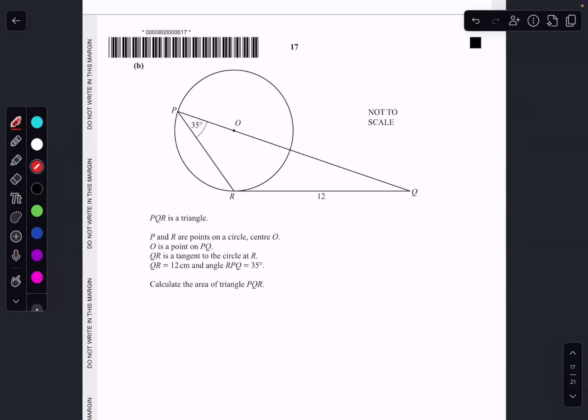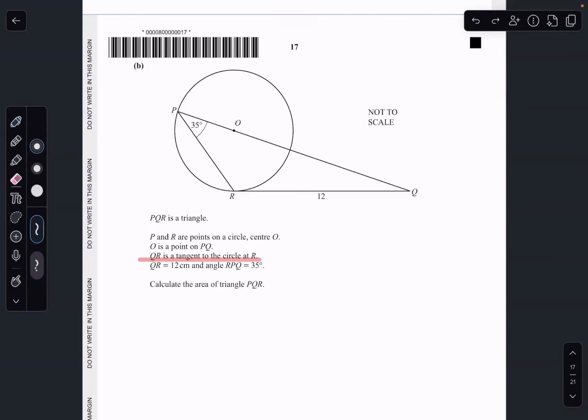Now, some information is given to us. They are saying that QR is a tangent to the circle at R. Let me highlight this. There will be some information which is of importance. To figure out the area of triangle PQR, let's split this triangle into 2 other triangles. If I join, what do we call any line from the center to the circumference?